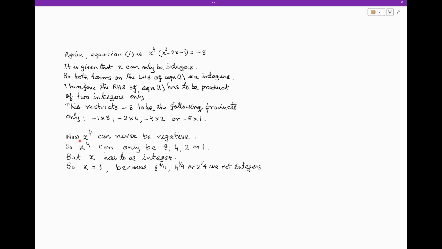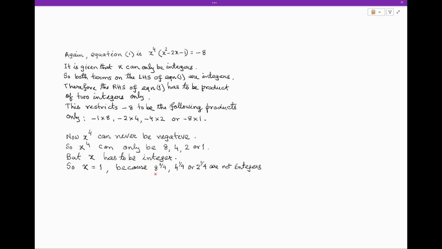Now x to the power of 4 can never be negative. Therefore, x to the power of 4 can only be the positive values, that is 8 or 4 or 2 or 1. But x has to be an integer.